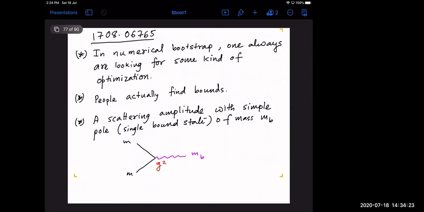This is just one problem from that paper, but it will serve as an example for the kind of stuff that we're trying to do.